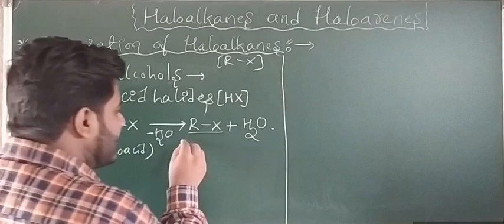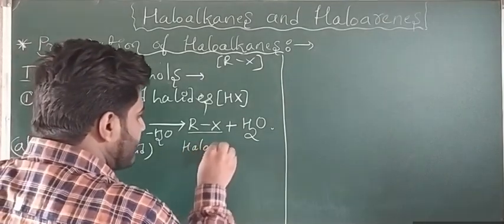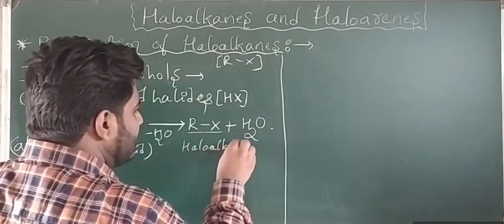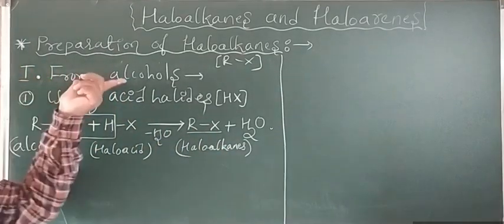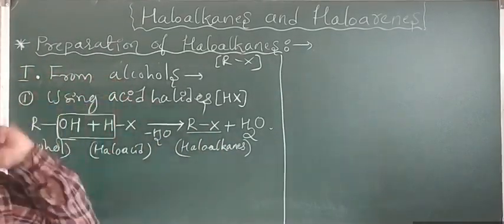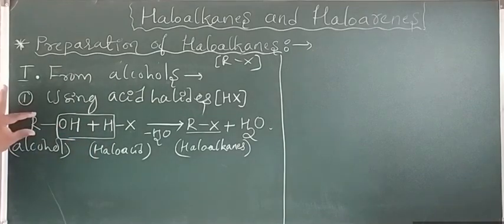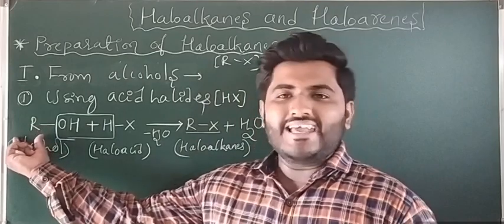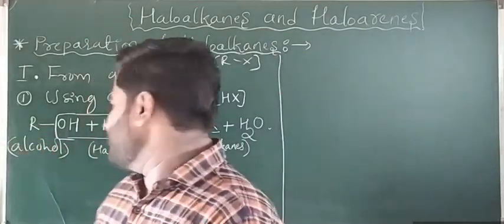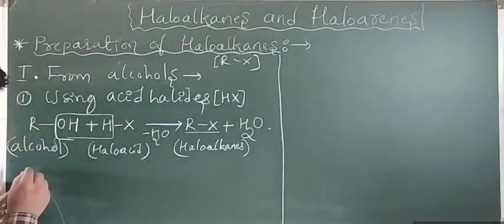What we are getting here? Haloalkanes. So this is from alcohol, the first method using acid halide. I hope you understood. In place of R, you can take any alkyl group or aryl group. For example, any alkyl group means we will take CH3.